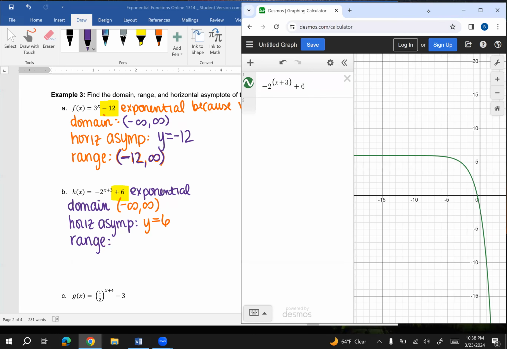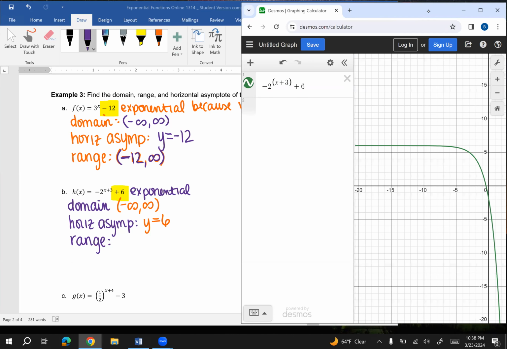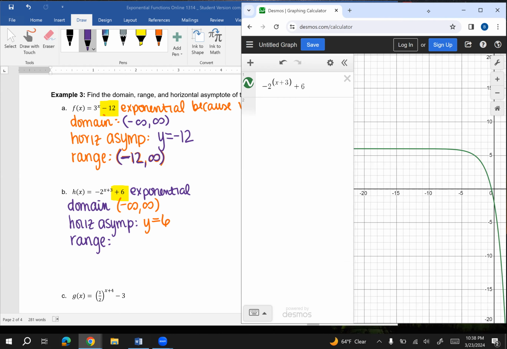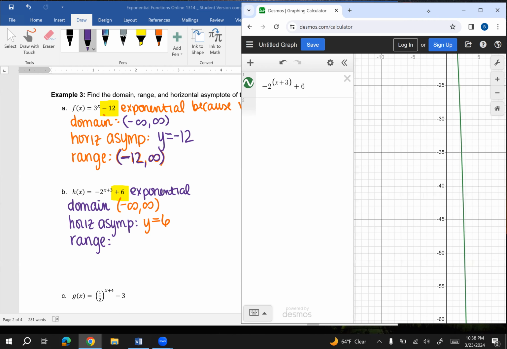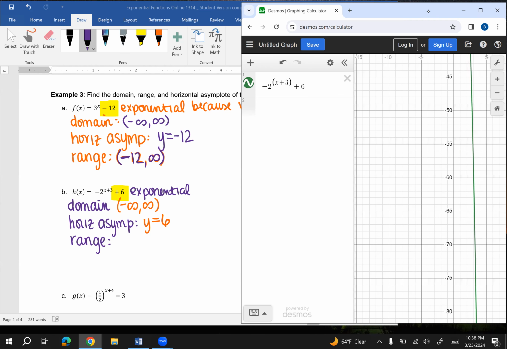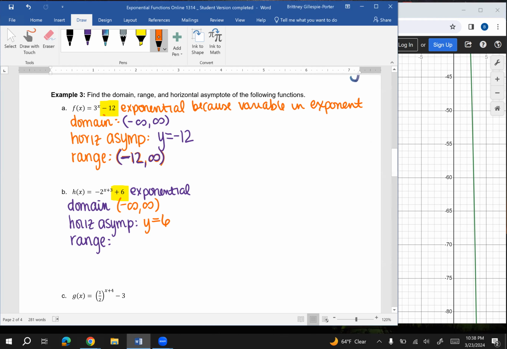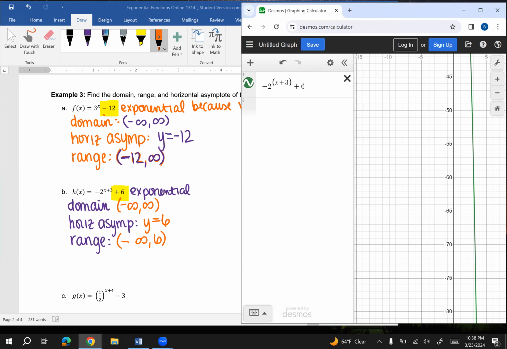This time you can see that we have a horizontal asymptote at y equal to 6. So we're good there. But now our graph is plummeting down. It's going down into more and more negative y values, which means our range is going to be negative infinity to 6.